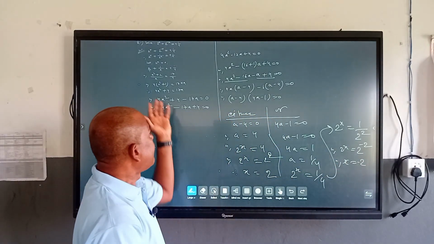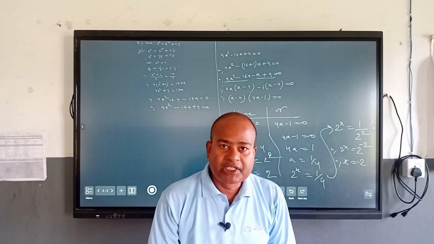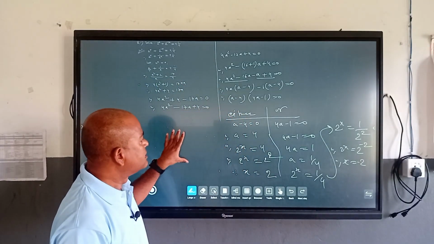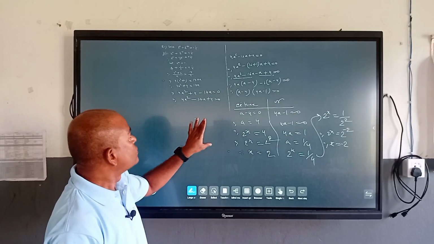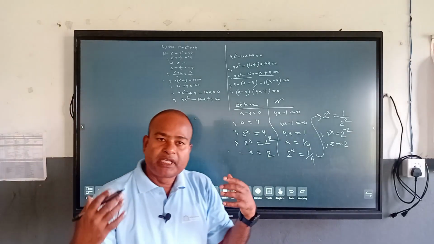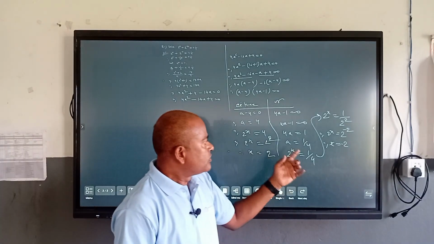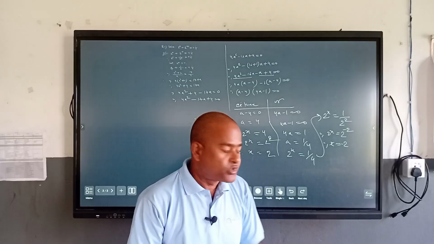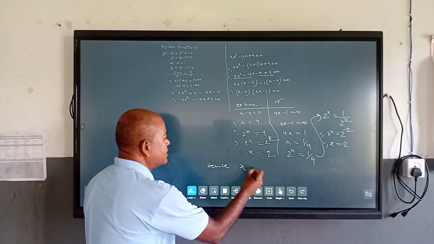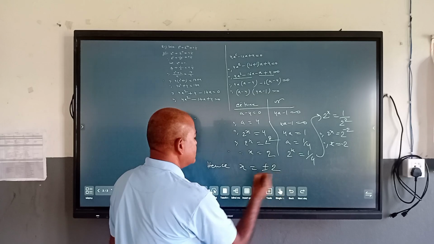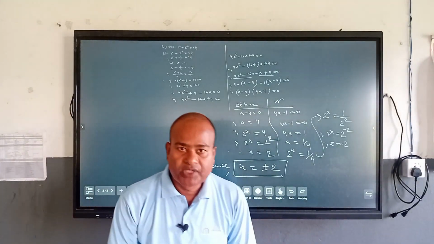So dear students, by solving the given exponential equation, we have got the two solutions, which are x equals to plus 2 and x equals to minus 2. Hence x equals to plus minus 2 is the required solution of the given equation.